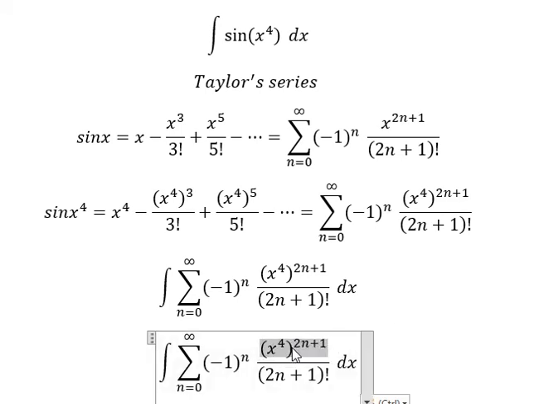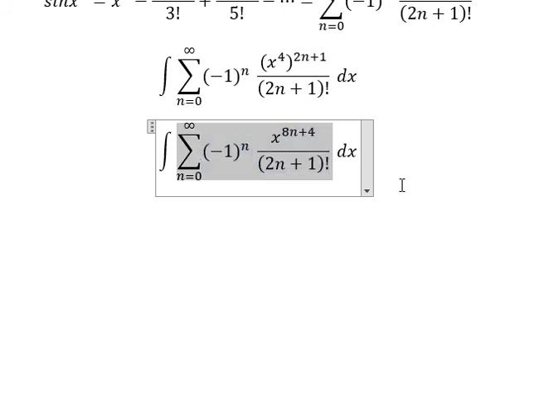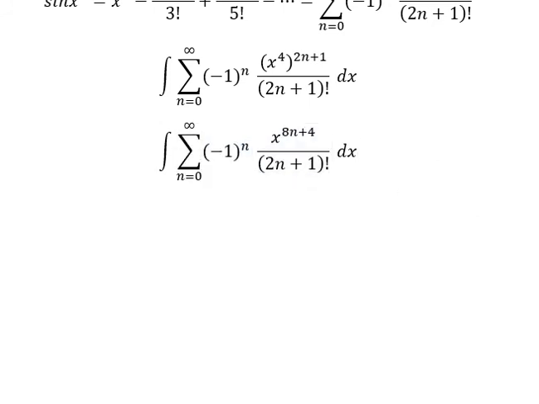So this number we can simplify. So 4 multiplied by 2n plus 1. So this one and 2n plus 1 factorial we can put outside, and that should be like this.